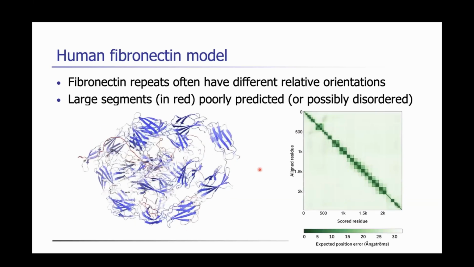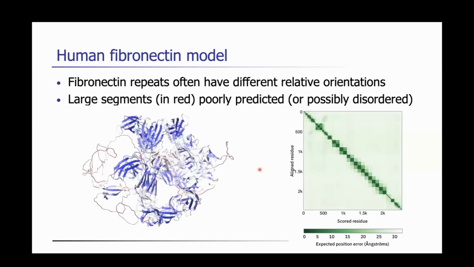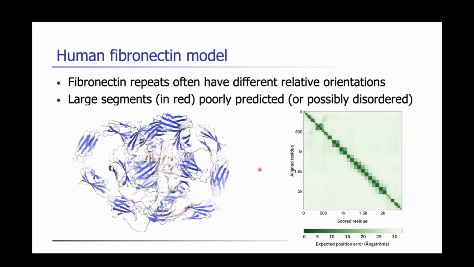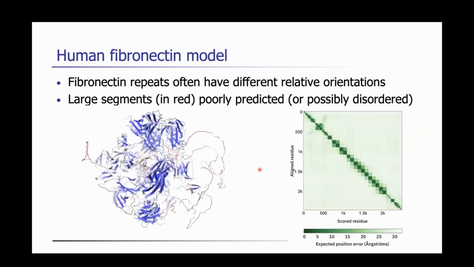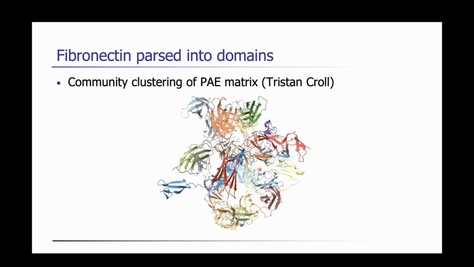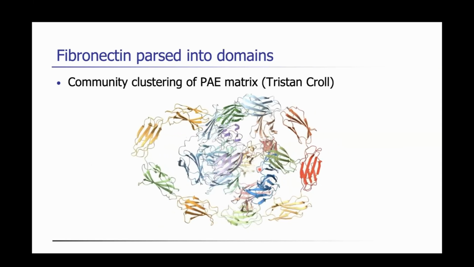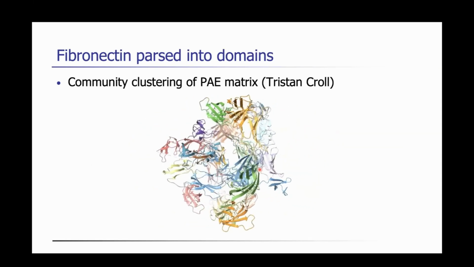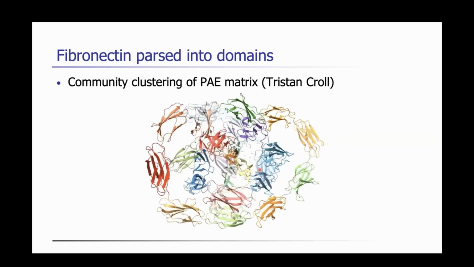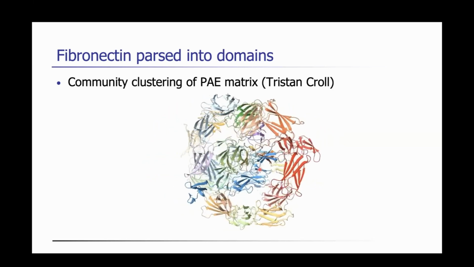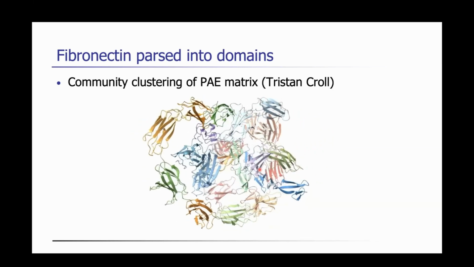Here's a PAE matrix, and you can see that basically nothing's known other than those domains have pretty well-defined structure. In the Process Predicted Model tool, there's one technique that Tristan Croll came up with for turning the PAE matrix into domain parsing, and then it cuts it up into all those little domains for you.